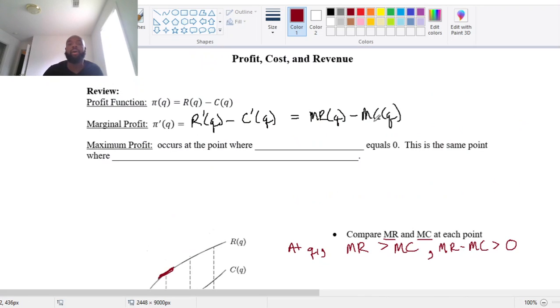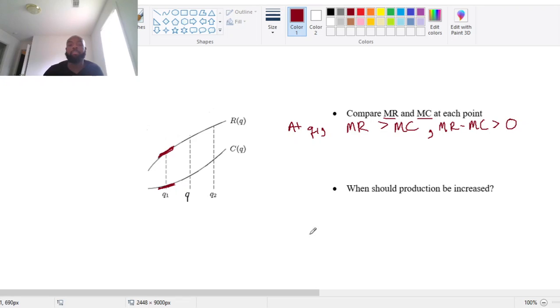Now, we just said above that marginal profit, or the derivative of profit, is marginal revenue minus marginal cost. This means that at this point, Q1, pi prime of Q1 is greater than zero, right? And so when the derivative of a function is greater than zero, that means positive, that means that profit is increasing.